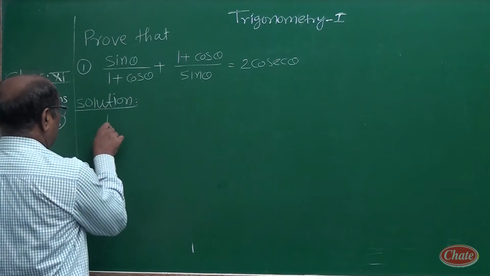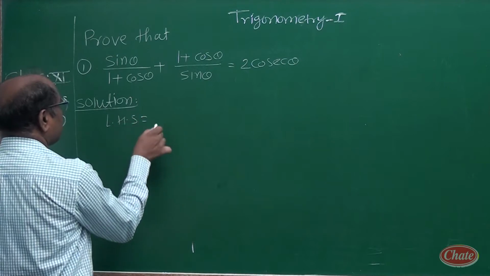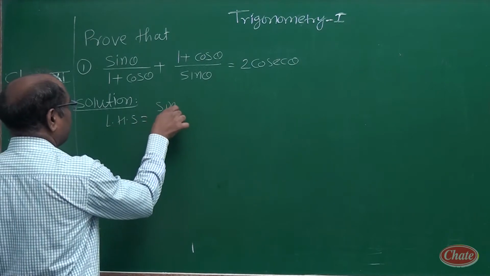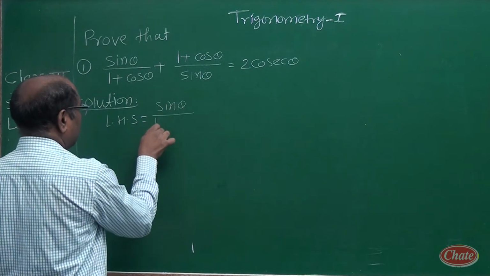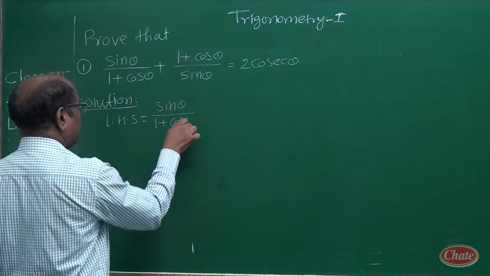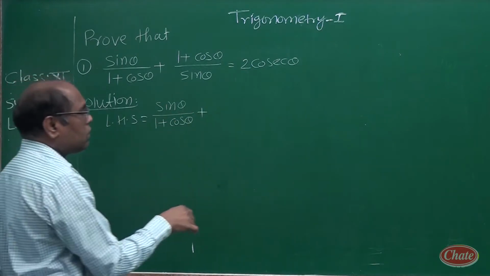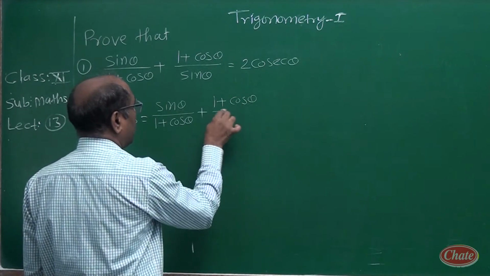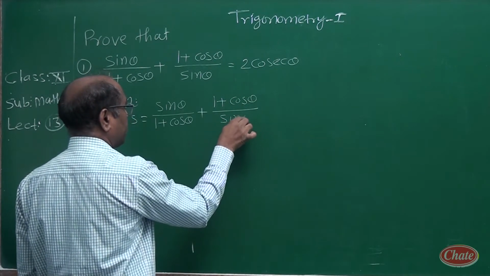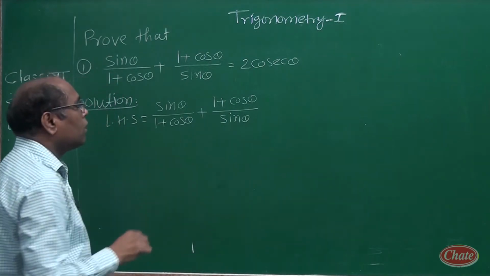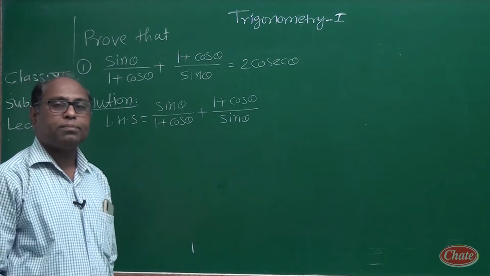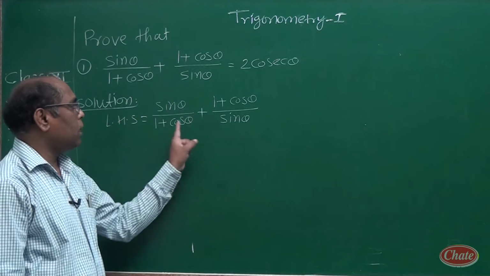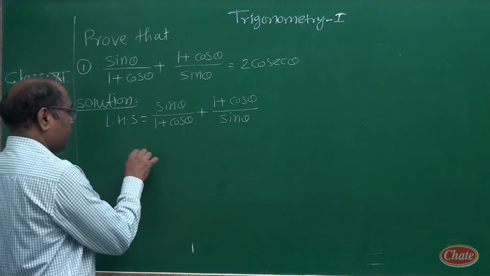So the left hand side is sin theta upon 1 plus cos theta plus 1 plus cos theta divided by sin theta. Now here we have to take the cross multiplication. If you take the cross multiplication, what do we get?